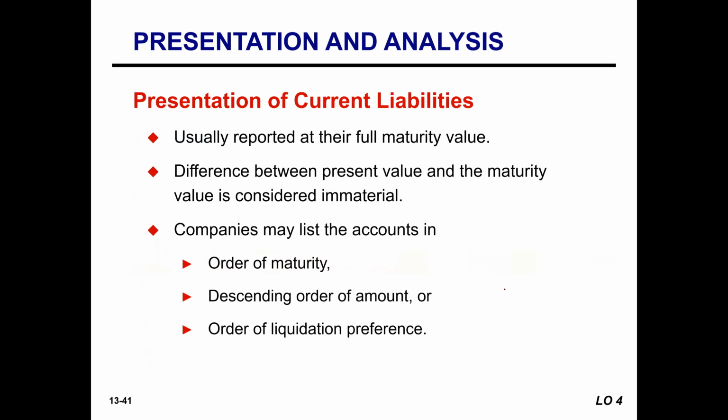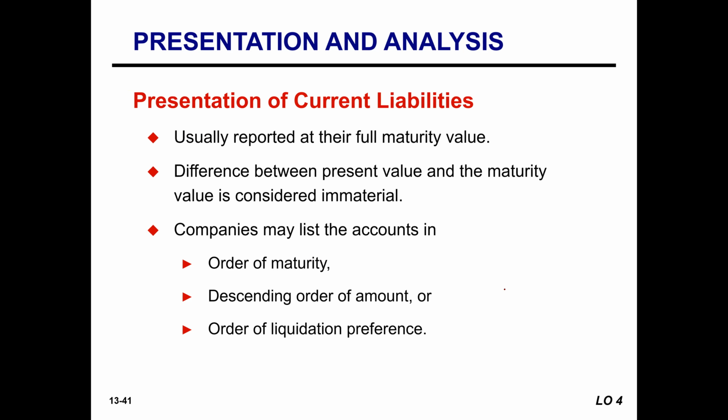Presentation and analysis. Again, we've prepared plenty of balance sheets together, so we know what the liability section is all about. We list our current liabilities first, then our long-term liabilities. With the current liabilities, they can either go in order of maturity, descending order of amount, or the order of liquidation preference.